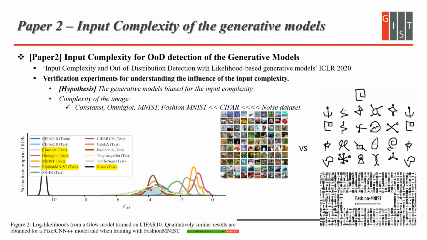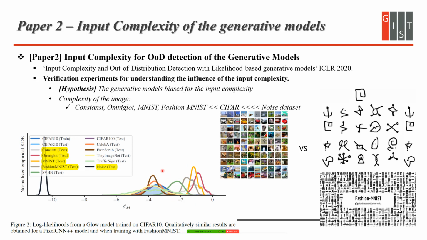This research team also measured the same problem as in the previous paper. The blue one is the training one, and the other datasets show smaller values, and some of the datasets show higher values in the likelihood.